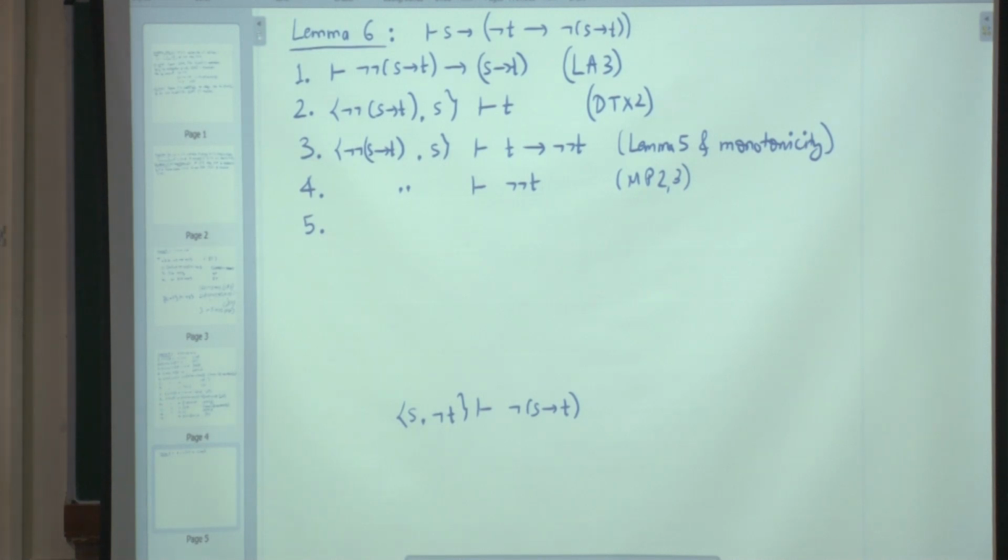Then let us transfer this double negation to that side, and now you can see the proof. Yes, how do we eliminate one negation from this? Okay, good.